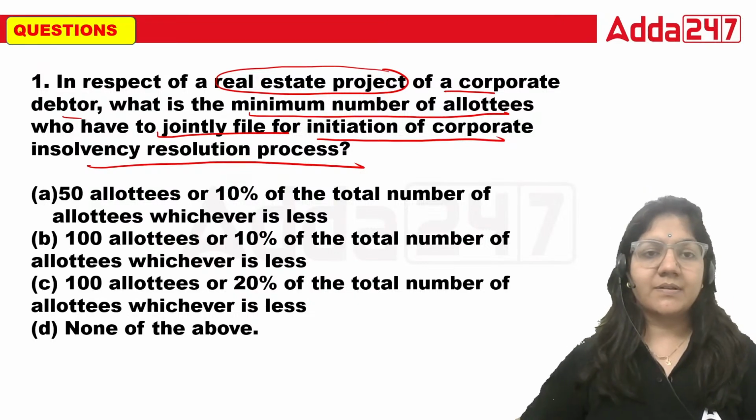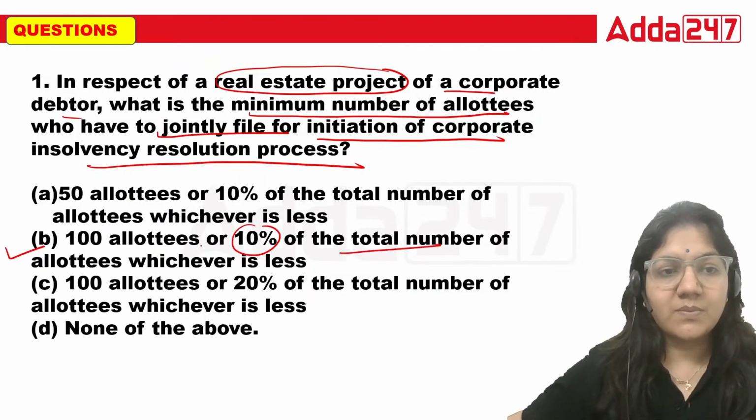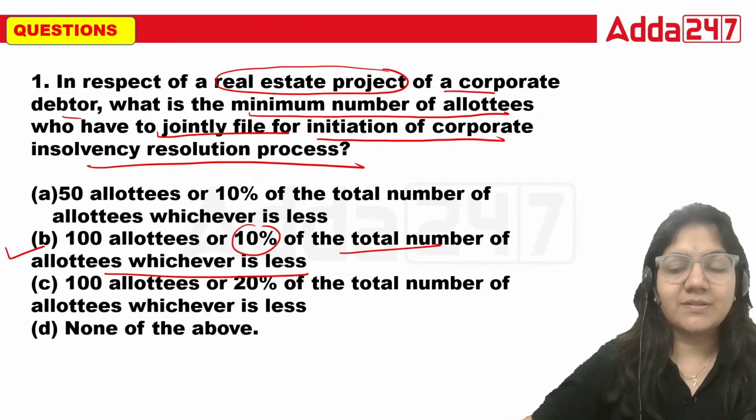So class, the correct answer is 100 allottees or 10% of the total number of allottees, whichever is less. This is the right answer.